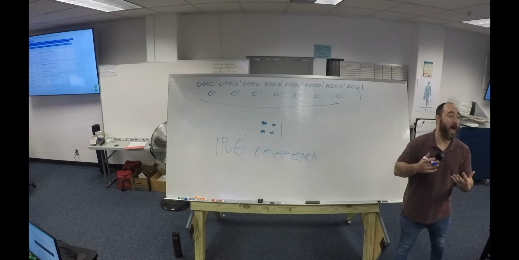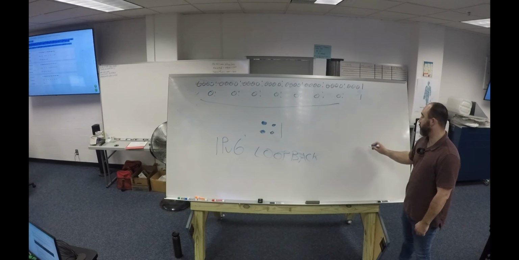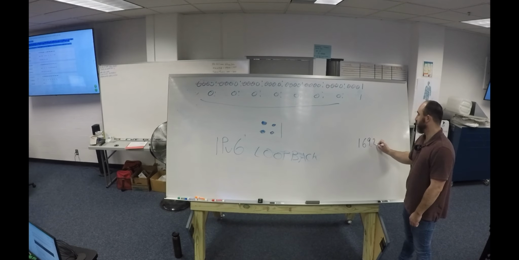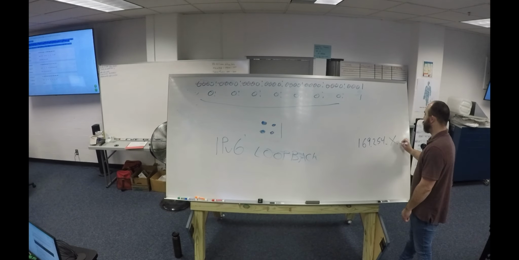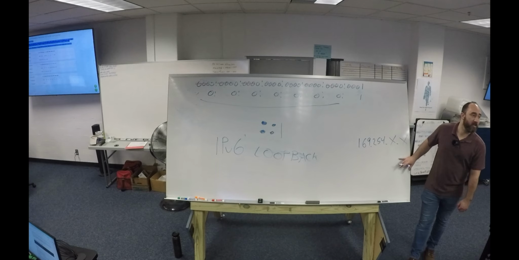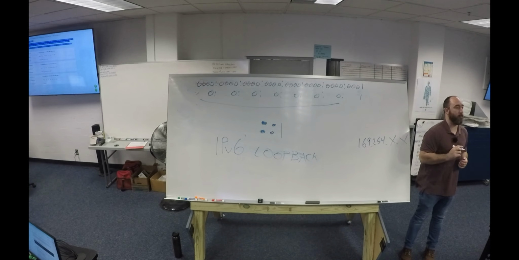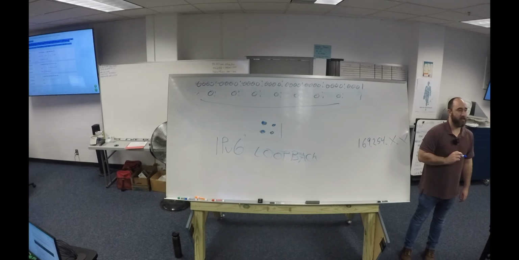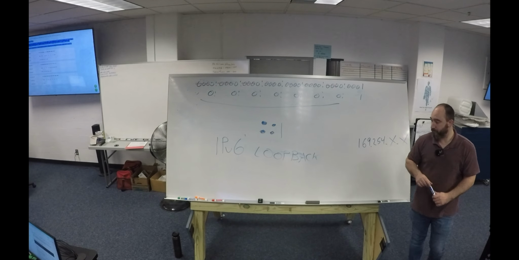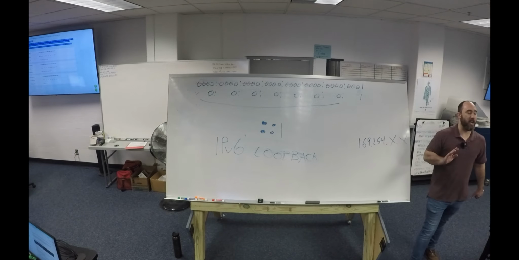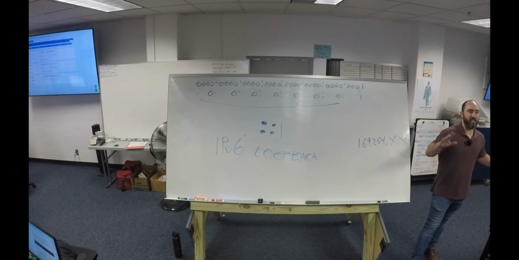So I'm going to get an automatic private IP address, which starts with 169.254, whatever, whatever. That's an APIPA or link local. I can't communicate outside my network. Yeah. It's FE80, but I'm going to teach that when we get back.